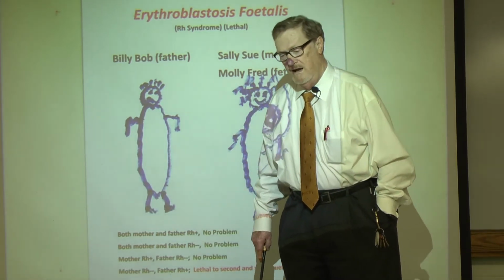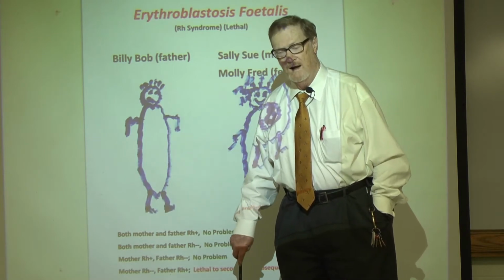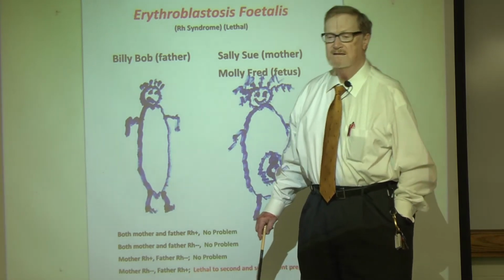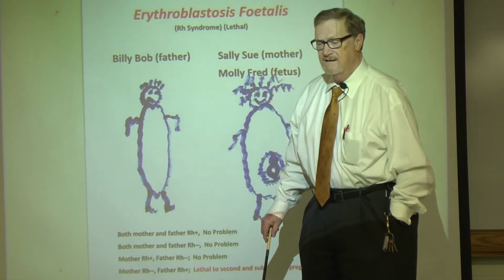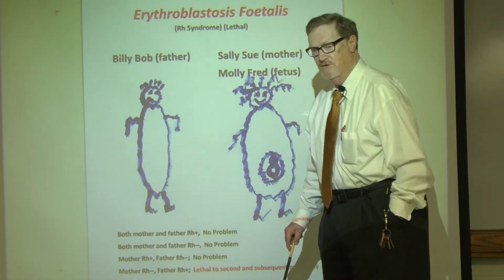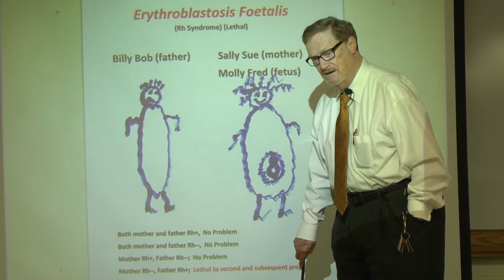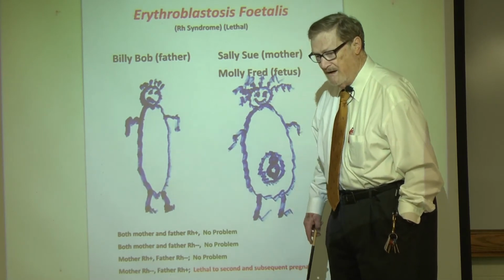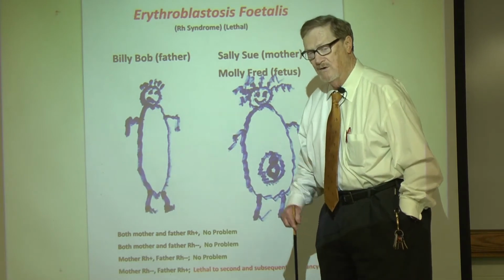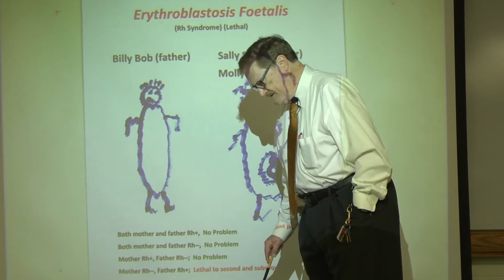And if you inherit the recipe for making the RH factor, you will make it, and you will put it on all of your erythrocytes, and it'll float around inside your blood serum, and it will be attached to other cells in your body. And you will be said to be RH positive. You inherited it from mama or daddy. Somebody in your ancestry was RH positive and passed that gene on to you. Now, this is the part that's oversimplified.